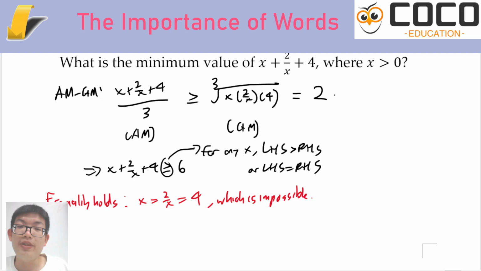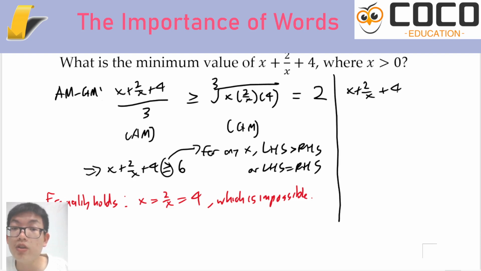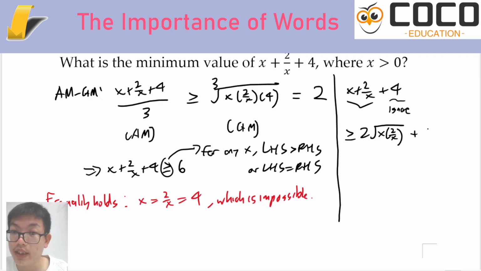Instead, what we're supposed to be doing for this would be to just use AM-GM on the first two things and just ignore the 4, since after all, 4 is 4. So use AM-GM on two things and you will end up with 2 square root 2 plus 4.